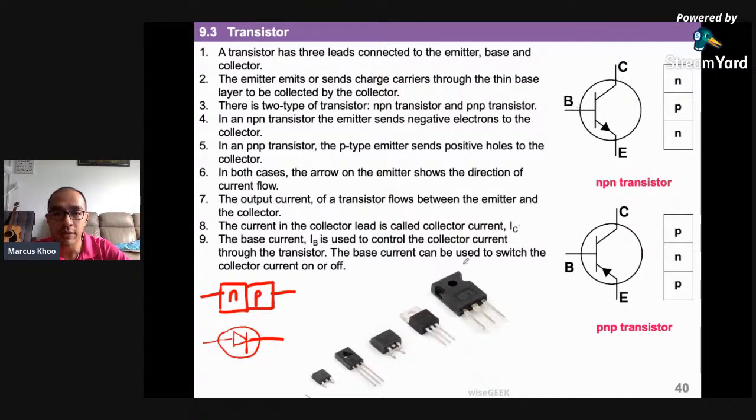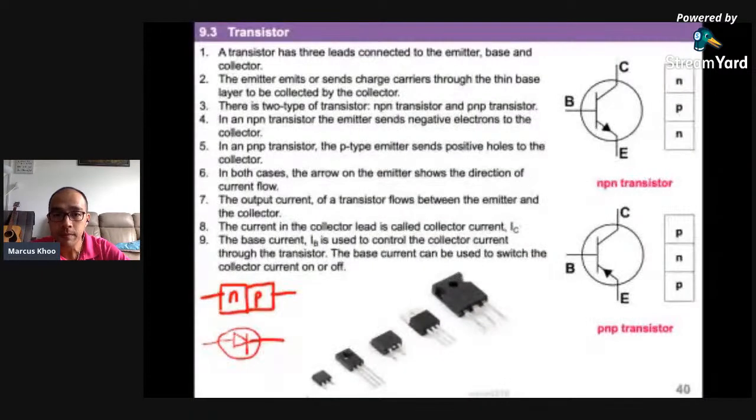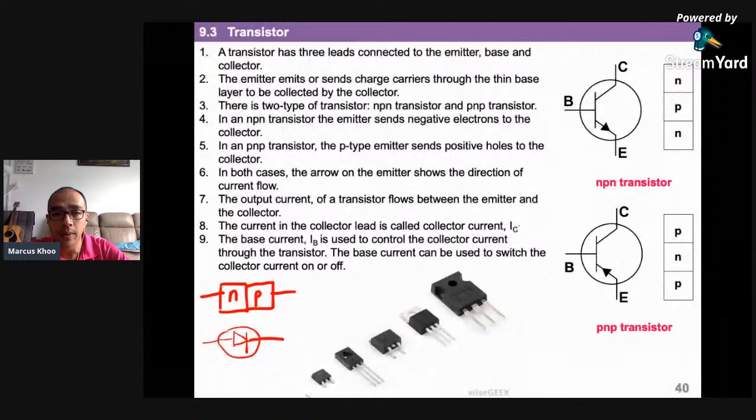The transistor consists of three legs. 1, 2, 3, as you can see over here. And the three legs have different names. So the C, B, and E, no matter whether it is an NPN transistor where the arrow is going towards the E, or the PNP transistor where the arrow is going from the E. Now the C leg is called the collector leg.